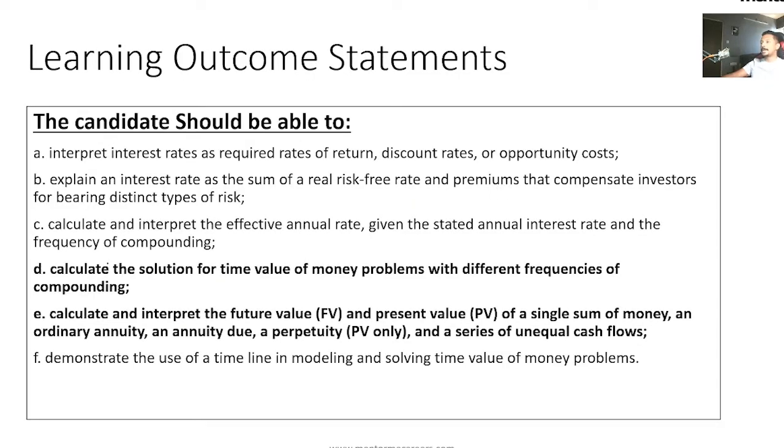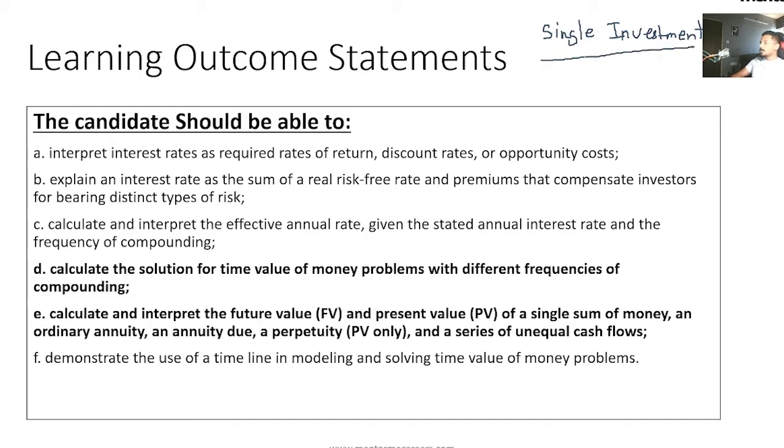Now let's get into time value of money with different frequencies of compounding, which I felt is more or less very simple. And interpreting future value and present value of different kinds of cash flow, because until here we're just talking about one single investment, right? We're just talking about once we invest, which in other words we are also saying that it's a single cash flow, right?